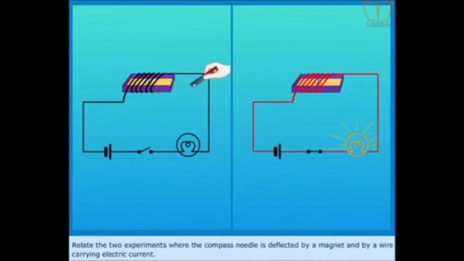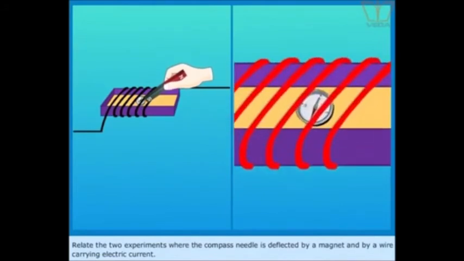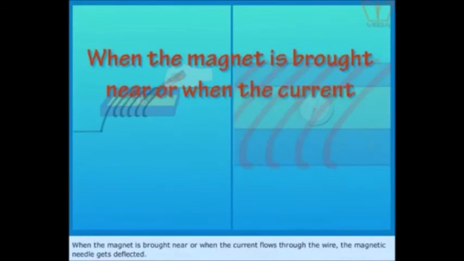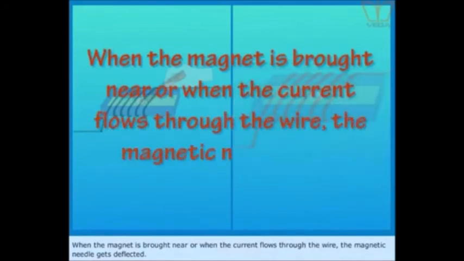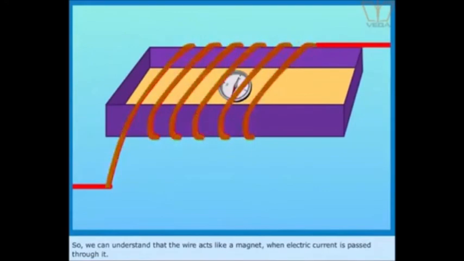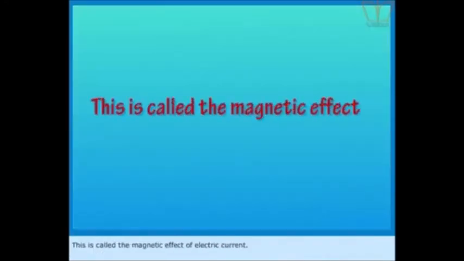Relate the two experiments where the compass needle is deflected by a magnet and by a wire carrying electric current. When the magnet is brought near or when the current flows through the wire, the magnetic needle gets deflected. So, we can understand that the wire acts like a magnet when electric current is passed through it. This is called the magnetic effect of electric current.